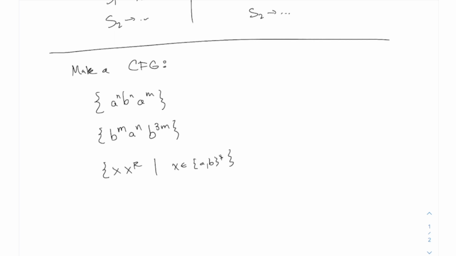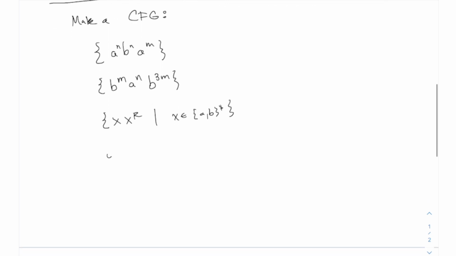X followed by X reverse. Or X such that X equals X reverse. Those are similar but not the same language. Think about it. And then the last one, X such that.